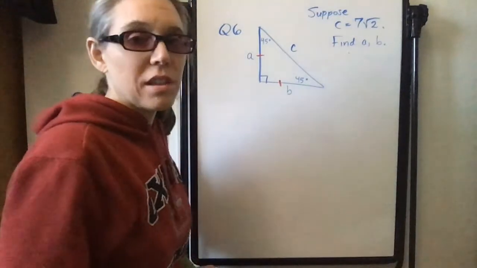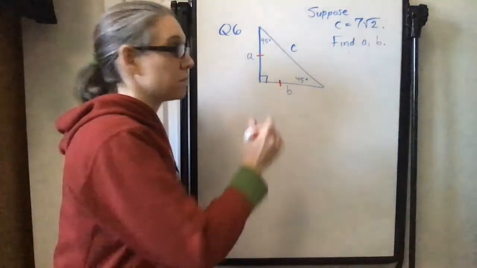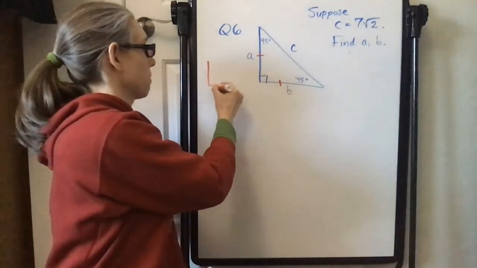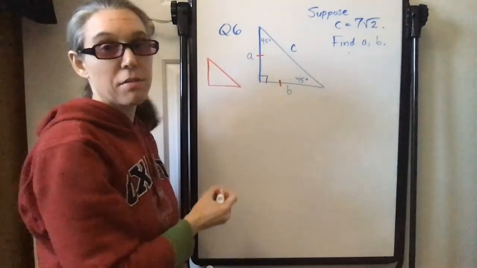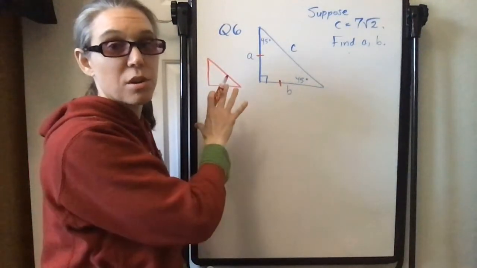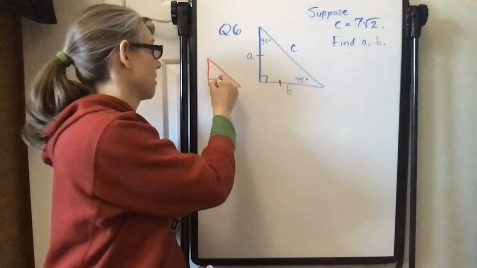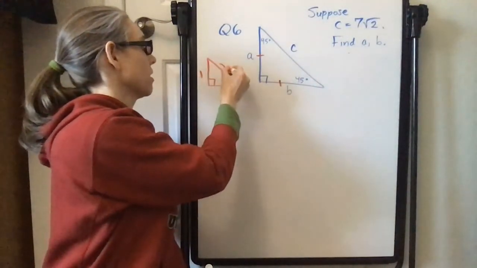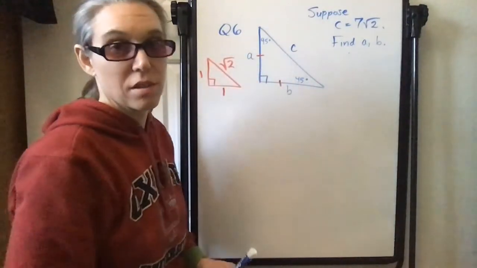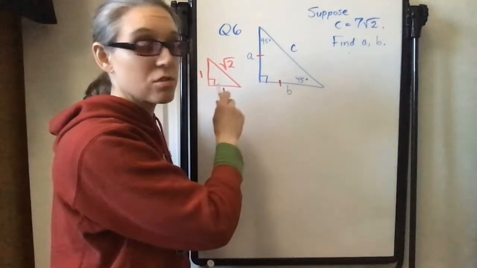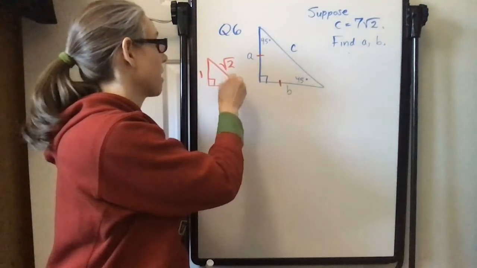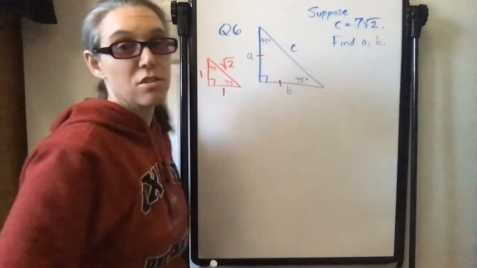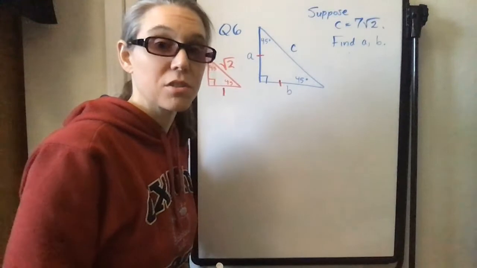What we want to do is use the reference triangle. The reference triangle, I'm going to just draw it off here to the side. Remember, it has side lengths 1, 1, square root of 2. Now, because both of these triangles are 45-45-90 triangles, they are similar triangles.